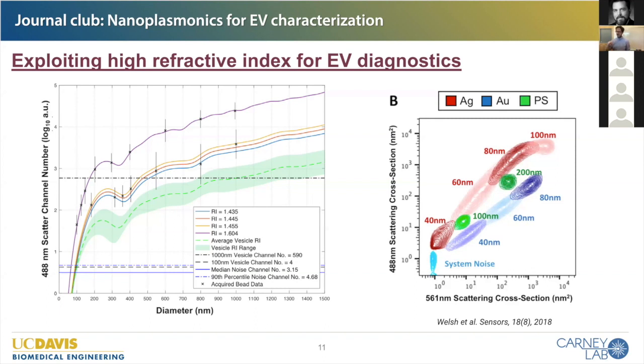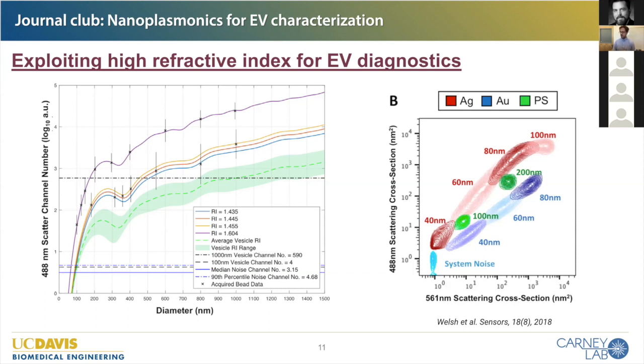They're increasing in increments of 20 nanometer in size, and they're being picked up, this is real data, by the Beckman Astrios flow sorter. Compared to these polystyrene particles in green, which even have a higher refractive index than EVs, so you would even see larger EVs at this size, the sensitivity in size is much less.